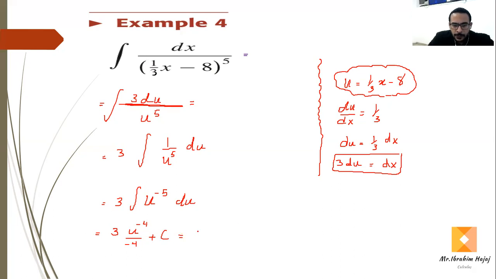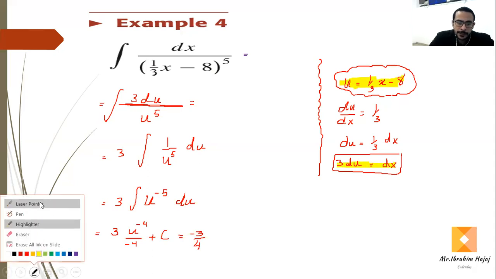Then return the u to its place. It's 3 over negative 4, which is the same as negative 3 over 4. And the u is 1 over 3x minus 8.